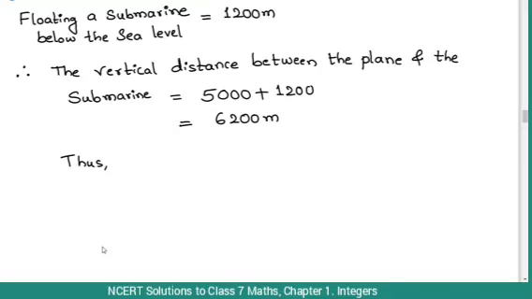Thus, the vertical distance between the plane and the submarine is 6200 meters.